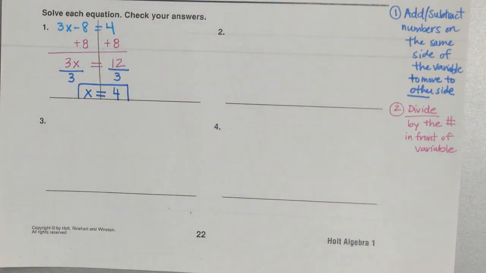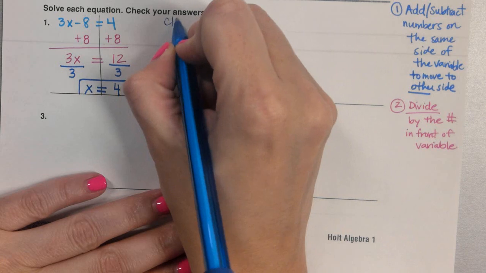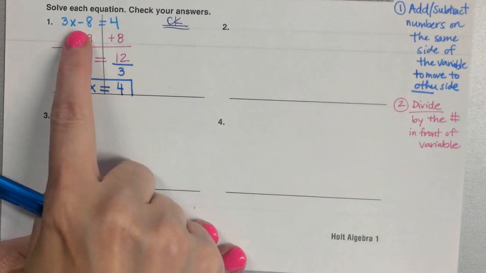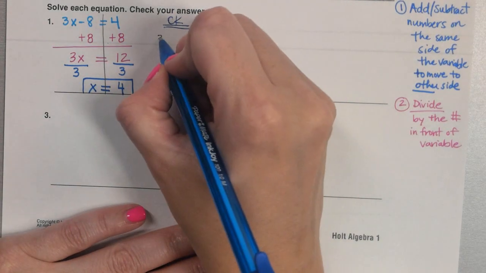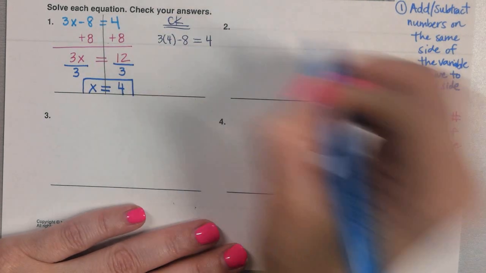Now this does say to check your answer, okay? I'm not going to make you do this for all of them, but I do want you to know when you go to a test or a quiz, all you have to do to check is plug this in for x, and that's something that we've been working on. So if you do 3 times 4 minus 8, that should equal 4.